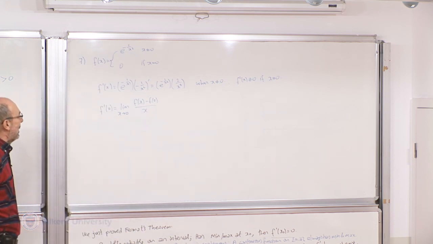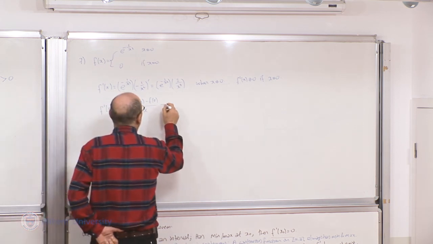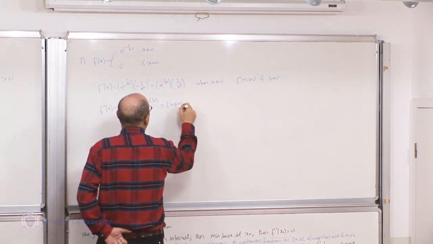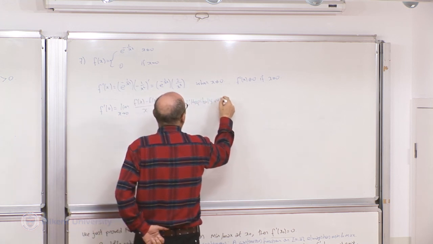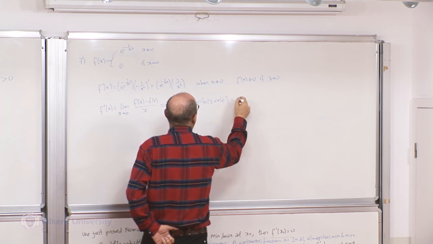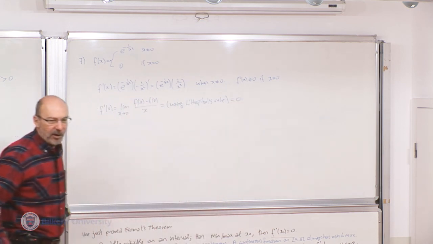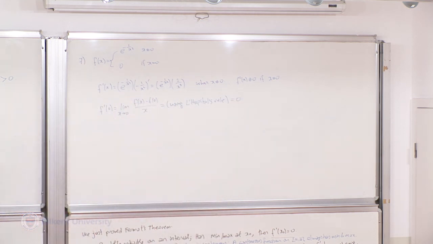Here we need L'Hopital's rule, which we didn't do. Okay, so using L'Hopital's rule, which we will do later, we get that this is equal to 0. Okay, so let me skip that detail.